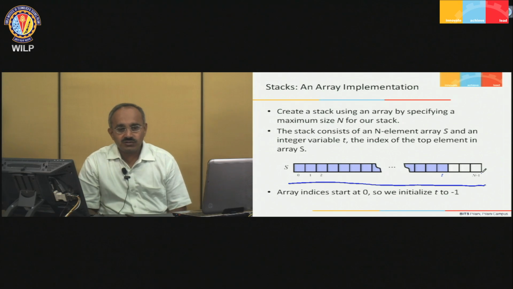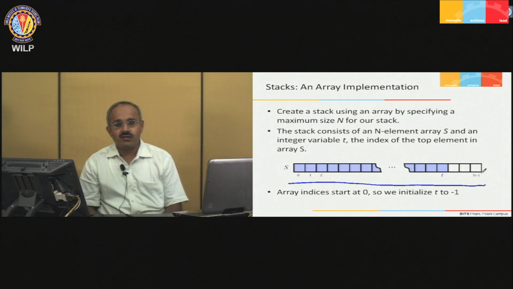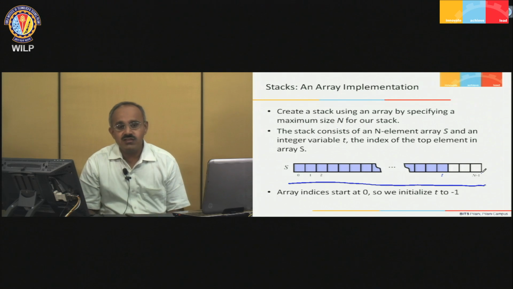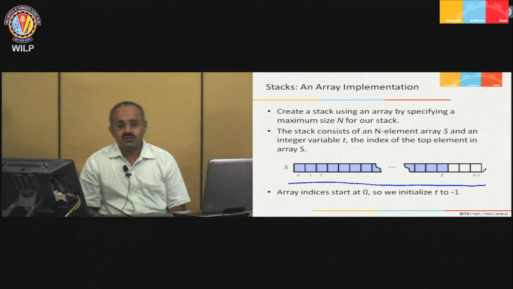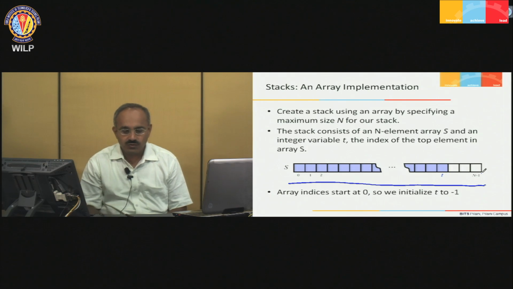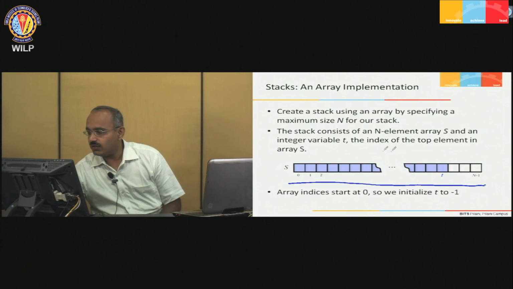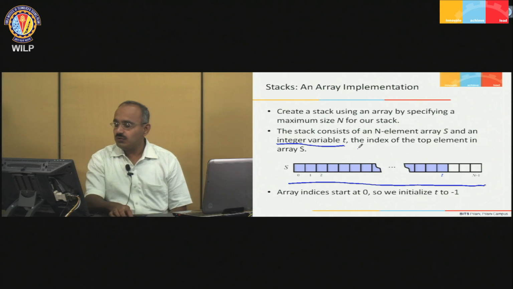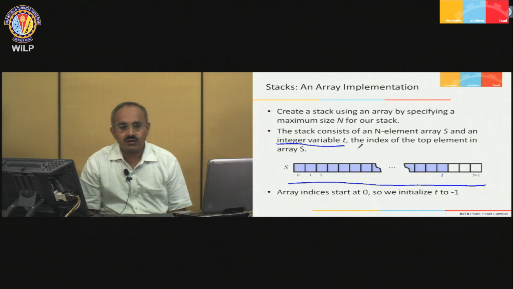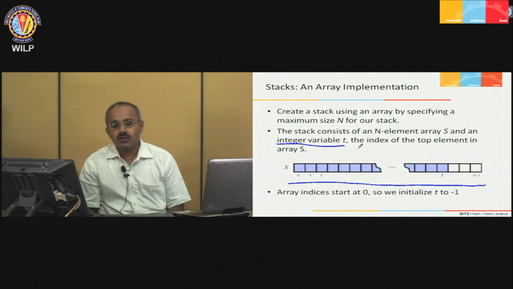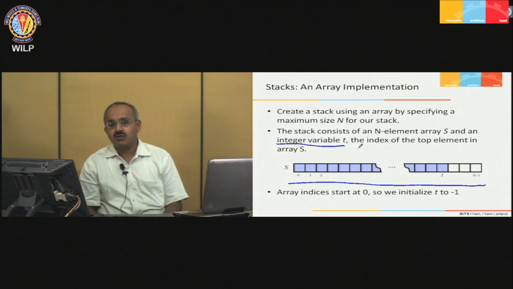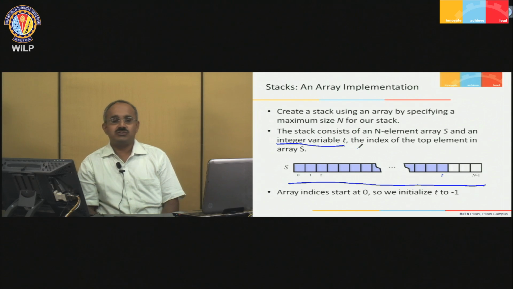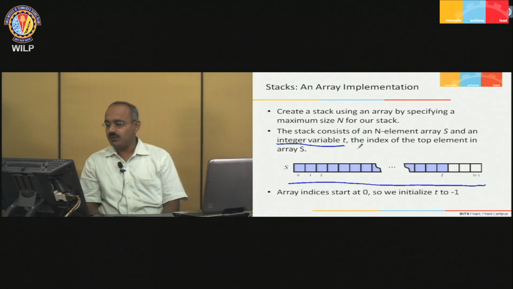To perform the operations of push and pop, that is insertion and deletion, at each instance we should know at what place the top of the stack is. So we need a pointer or an index, which we are going to call t, which always gives what is at the top of the stack. When I say it returns, it means it returns the index of the array at which the last element has been inserted.